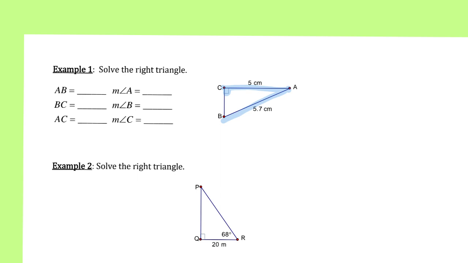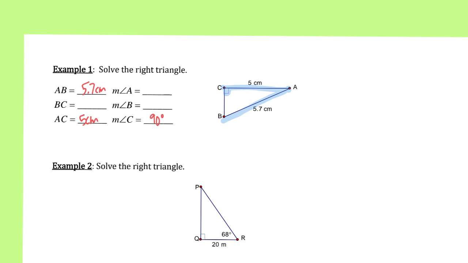So we already know something: AC is going to be 5 centimeters, BA is going to be 5.7 centimeters, and the measure of angle C is going to be 90 degrees. Those are things that are given. Now, to find the last three things, you can only use given data in each step.